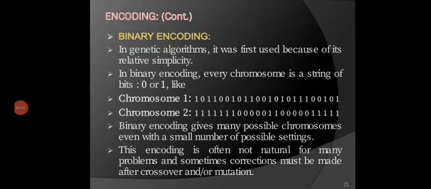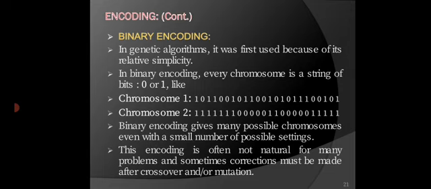In genetic algorithm, it was first used because it's relatively simple. In binary encoding, every chromosome is a string of bits, 0 and 1. So say chromosome 1, this is binary encoding for chromosome 1 and for 2.